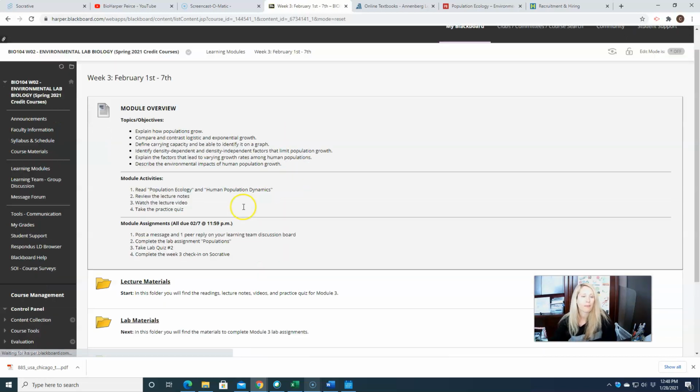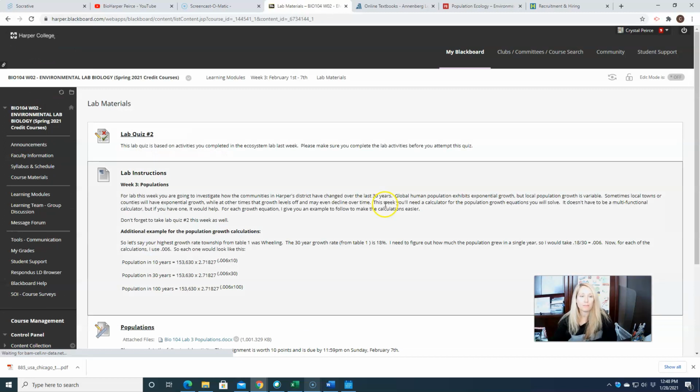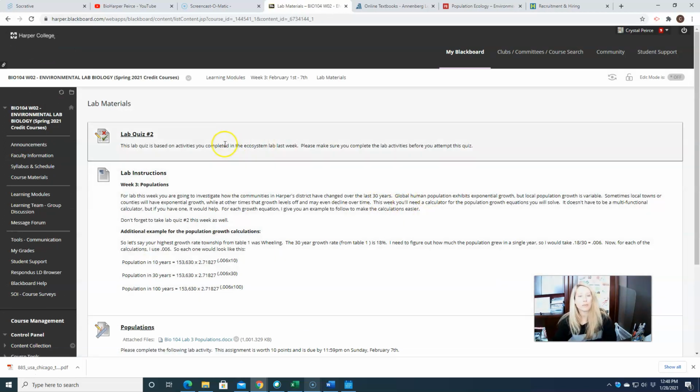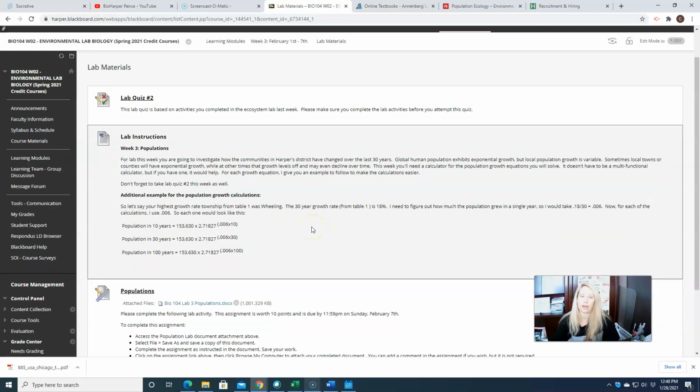For lab this week, we've got the lab quiz, which is based on the ecosystems labs that you all completed last week. And then this week we have our population lab. Because there were a few of you who seemed to be a little nervous about math and how much math you would need, I will tell you right now that this particular lab is the only lab that you really need to use a lot of math.